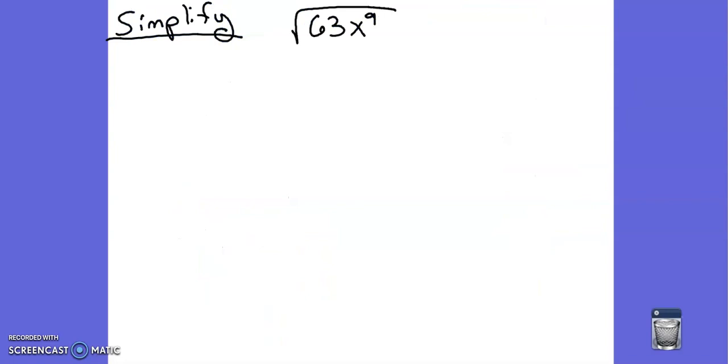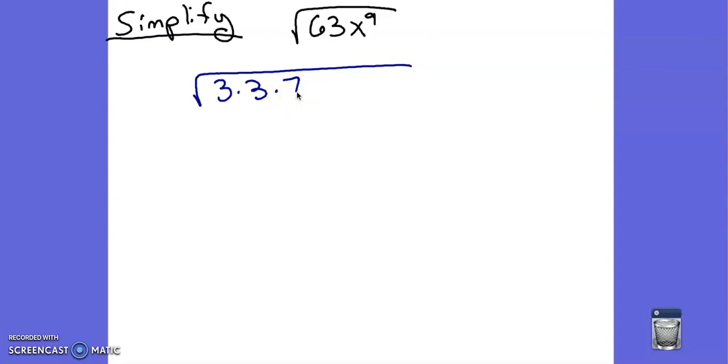Now, what I want to do is start simplifying with variables on the inside. Again, there are several ways I can show you how to do this, but if you go back to prime factorization, it's a good way to do this. So 63 would be 3 times 3 times 7, if you wanted to do it this way, and then x to the 9th.